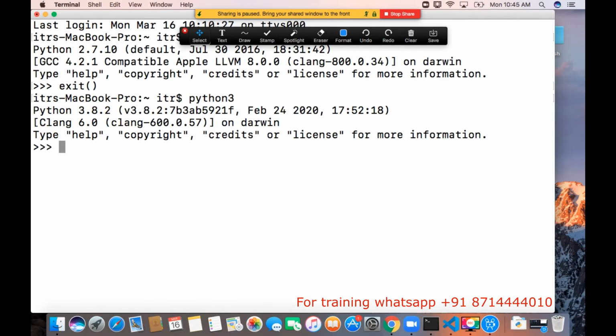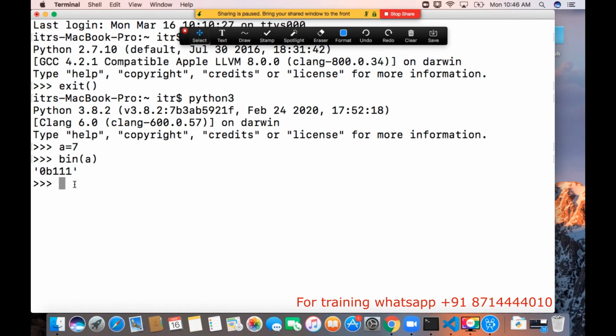I'm opening the Python shell, and here A equal to 7. If you want to know the binary value, we can use the bin function. If you provide bin(A), we'll get the binary value for that particular number.